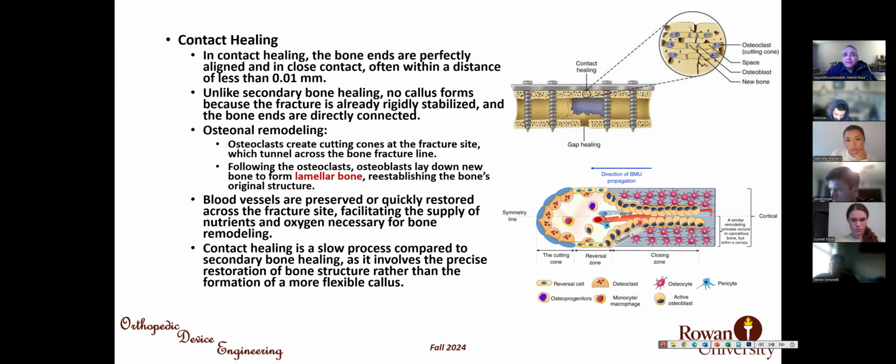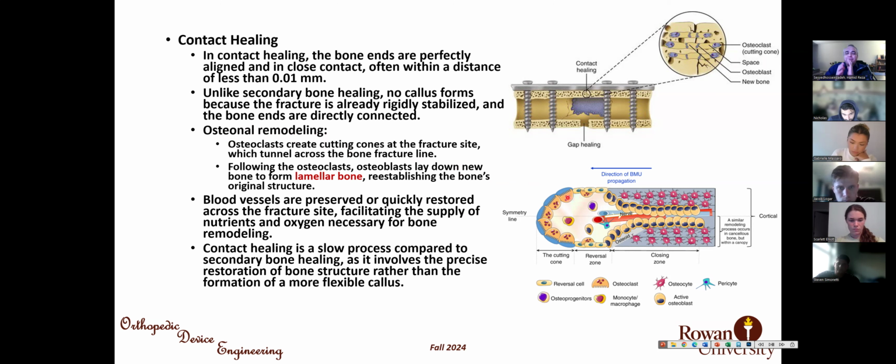Now, the healing process that happens here is called osteonal remodeling. The osteons want to remodel, to join each other, because they are in close contact with each other, in less than 1/10 of a millimeter.